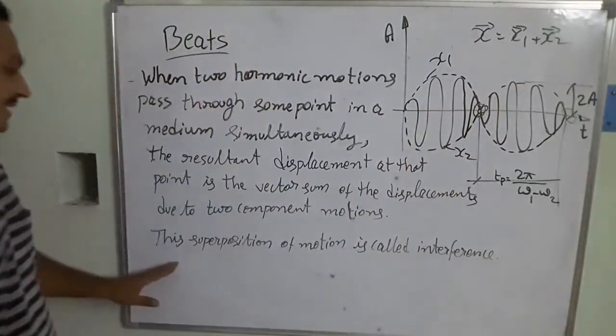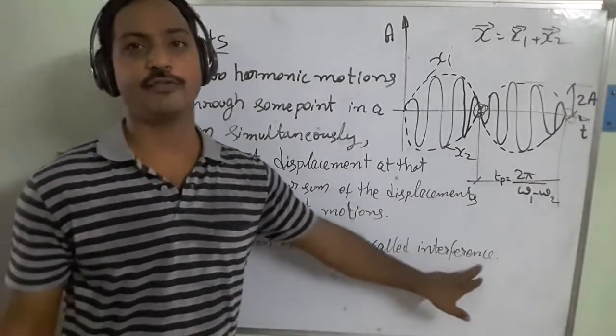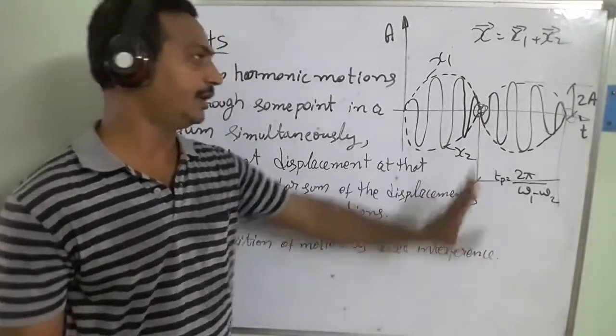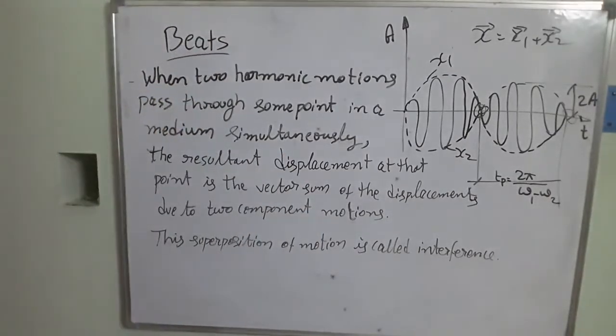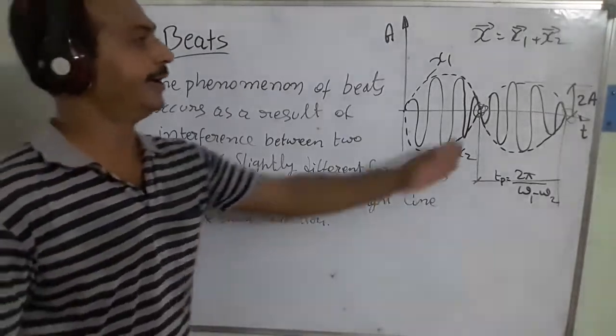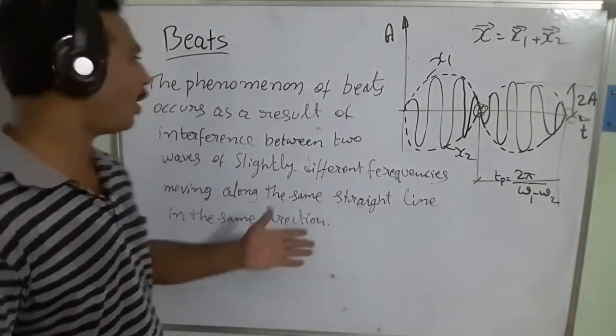This superposition of motion is called interference, right? And at interference we are getting the beats of that system.